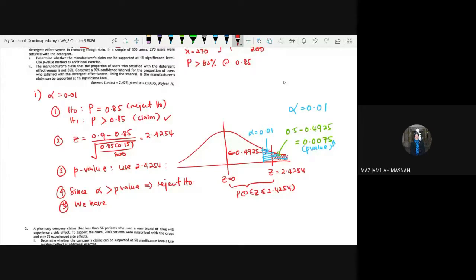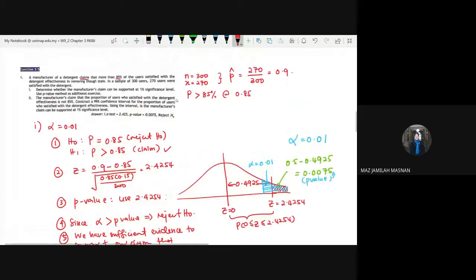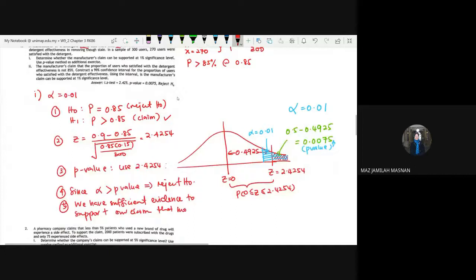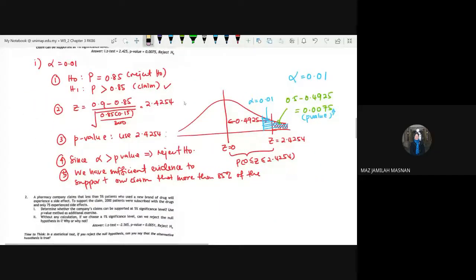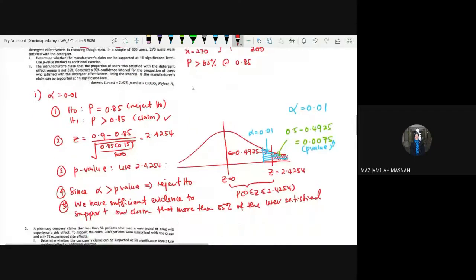So we have sufficient evidence to support our claim that more than 85% of the users are satisfied with the detergent effectiveness in removing tough stain.